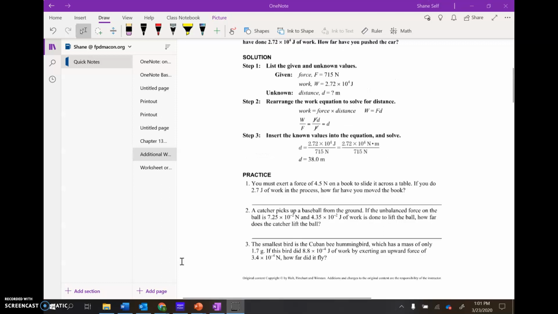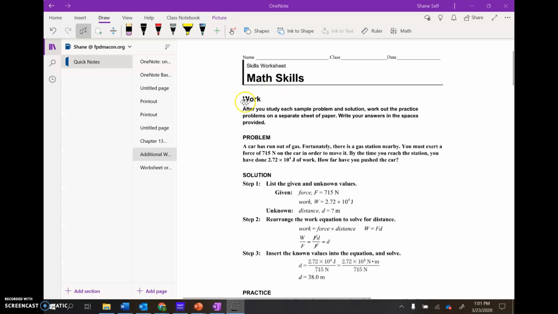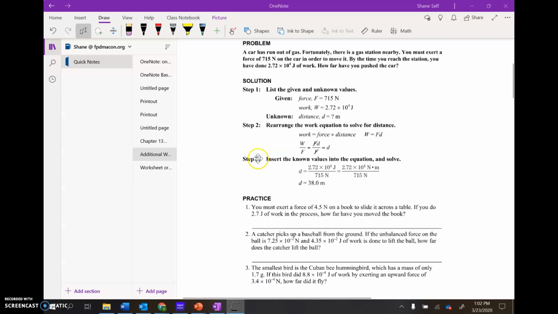As you can see, these are going to be problems doing work is equal to force times distance, and it's going to give you all the different formulas. Work is equal to force times distance, or distance is equal to work divided by force, and then finally force is going to be equal to work divided by distance.